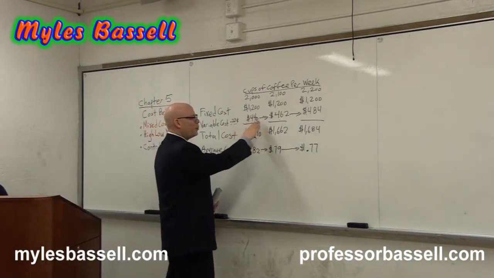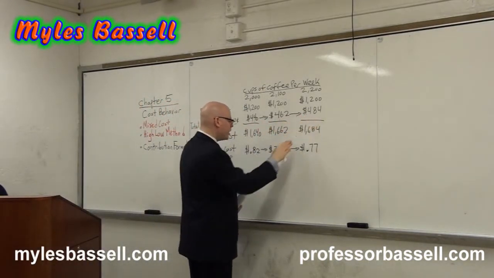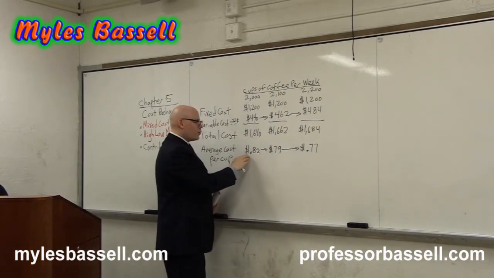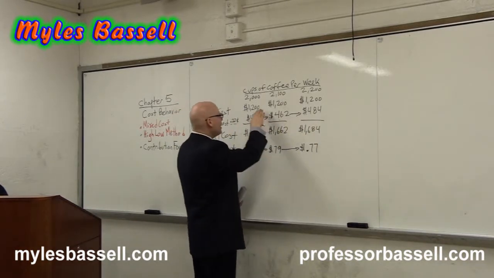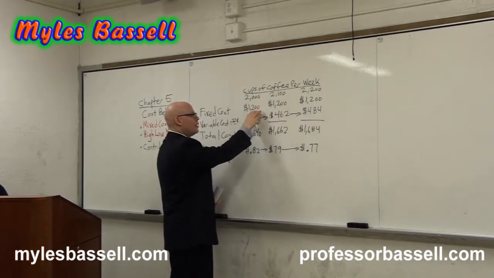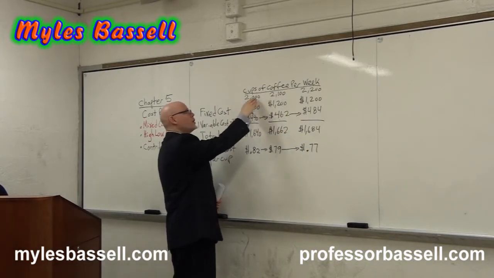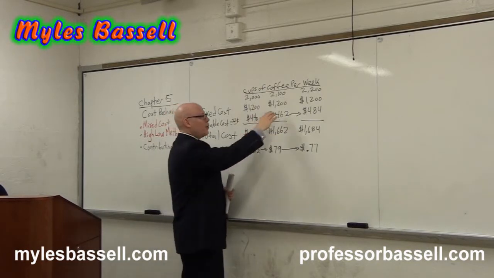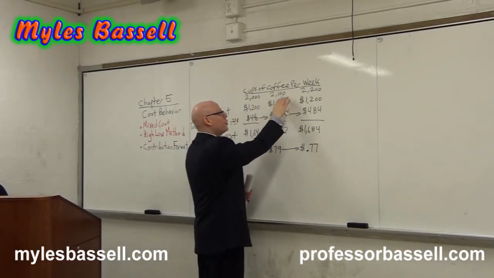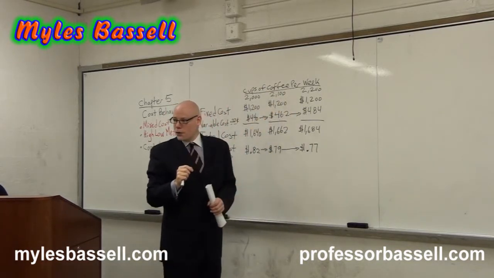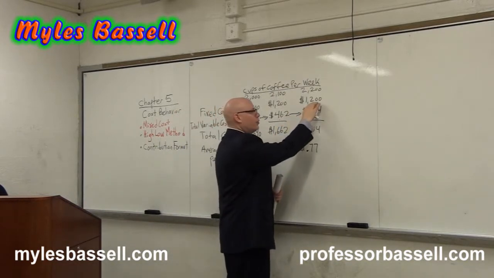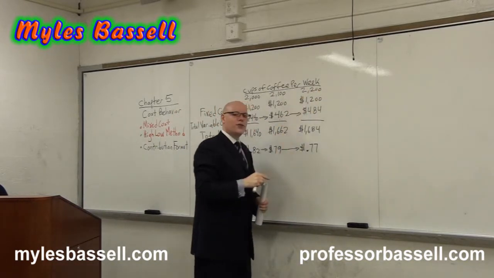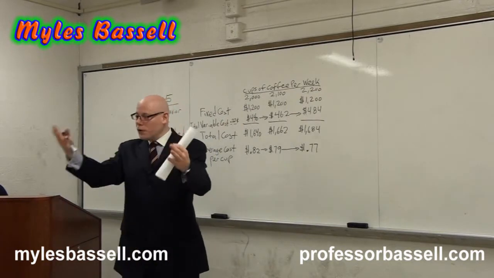That's why, although the total variable cost is increasing, the cost per cup is actually declining, because this $1,200 here is being spread across 2,000 units, 2,000 cups. Here, the $1,200 is being spread across 2,100 cups of coffee. And here, $1,200 is being spread across 2,200 cups of coffee.